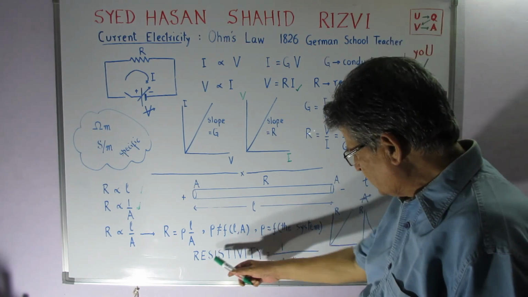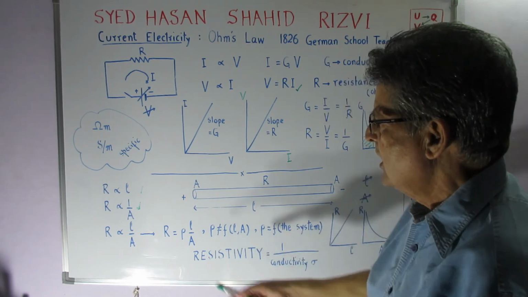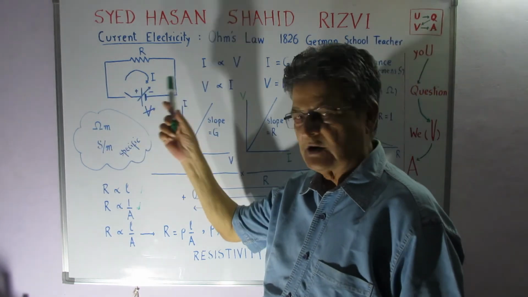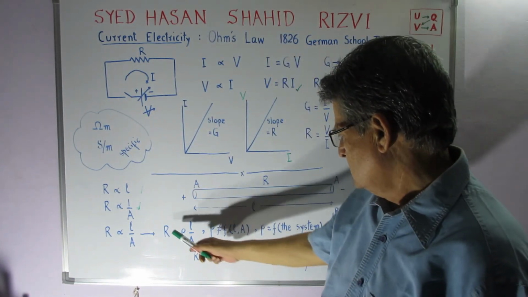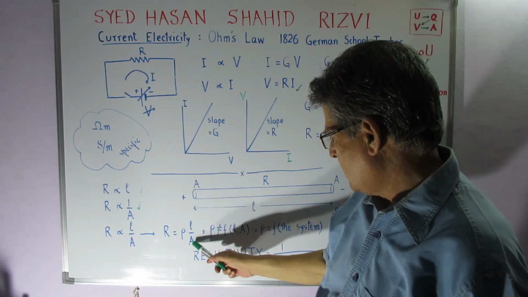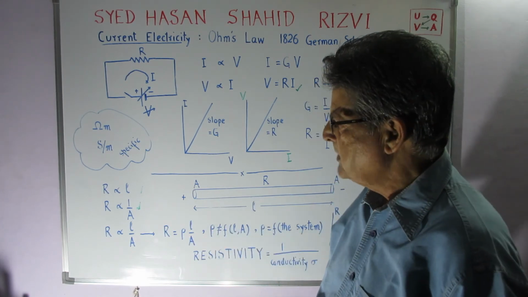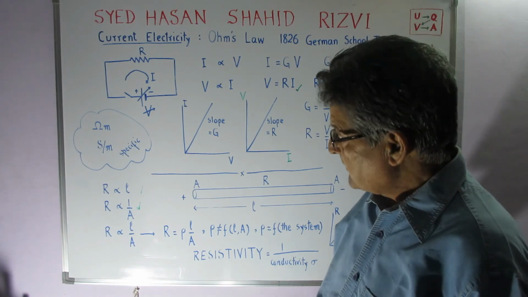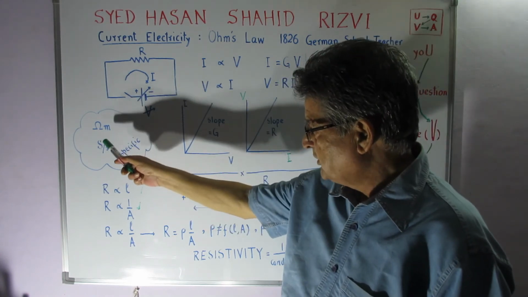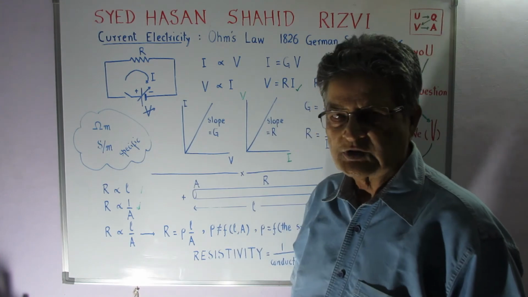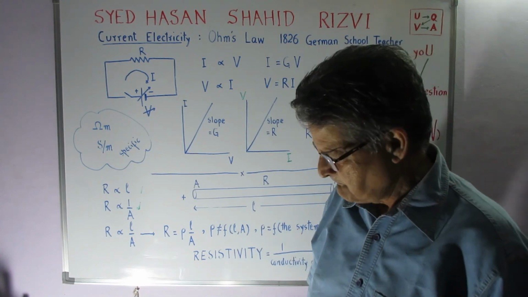The unit of resistivity is ohm meter. Ohm times meter squared upon meter, so this will become ohm meter. And 1 upon that, 1 upon ohm meter, will become equal to Siemens per meter.